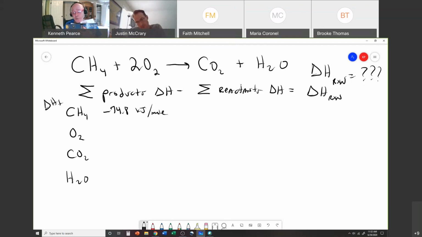If you look on the table, you will find an answer. But you don't even have to look on the table. It is by definition 0, because O2 is the natural form of oxygen gas. So it is 0.